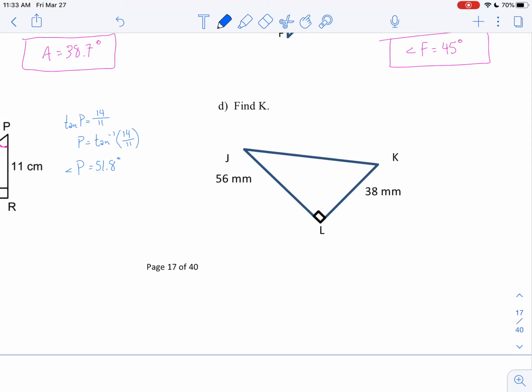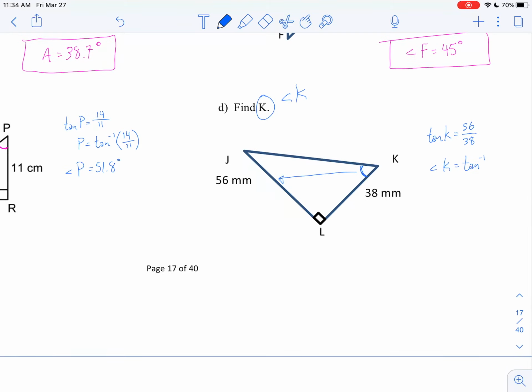And last but not least, find angle K. So angle K, there's what we're looking for. I'm going to label angle K first and take a look at what is opposite angle K. So tan of K is equal to 56 over 38. We get pretty quick at these, so we can say angle K is equal to the tan inverse, to isolate for K, there's a bad inverse sign, tan inverse of 56 over 38.